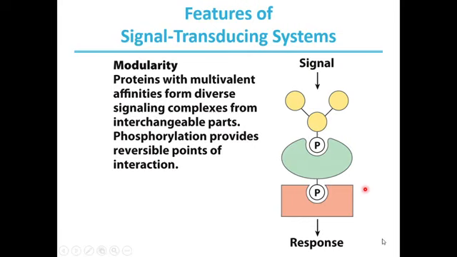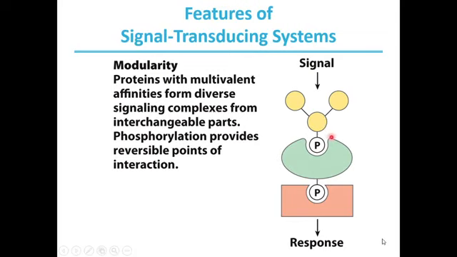One of the common themes in these interactions that is shown here is the binding of one modular signal. If you consider this as one modular signal, this signal involves binding of this protein to the phosphorylated protein.